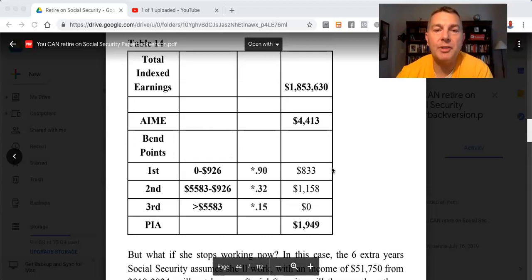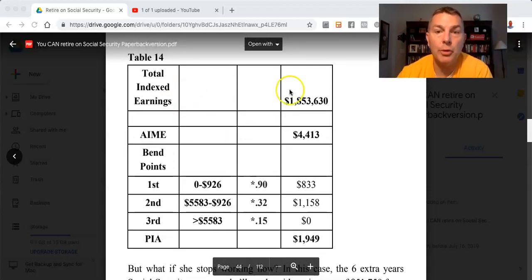All right, so Table 14, this is how we got her index. We got her total indexed earnings, 1.853 million. We divide that by 420, and it gives us an AIME of 4,413. The first 926 is the first bend point. Multiplying that by 0.9 gives us 833.